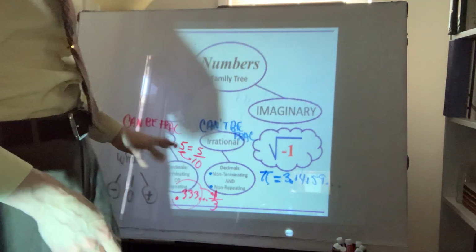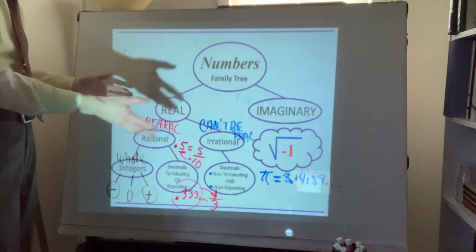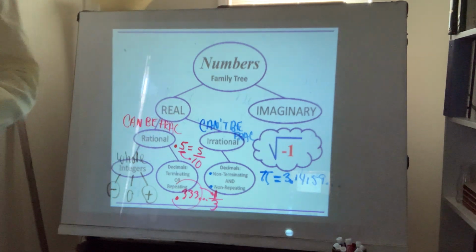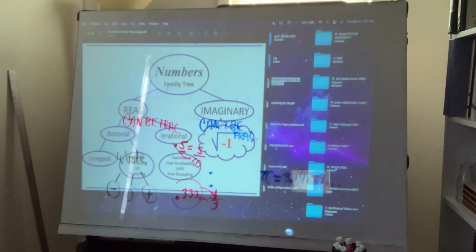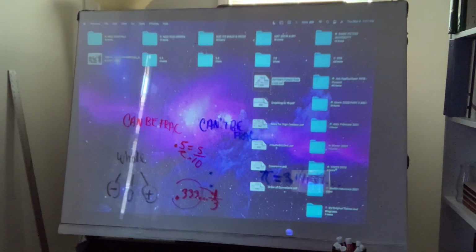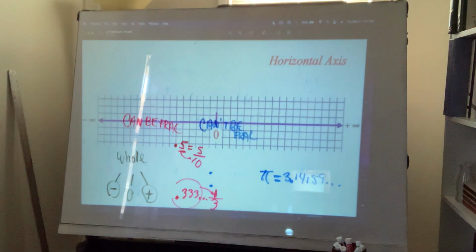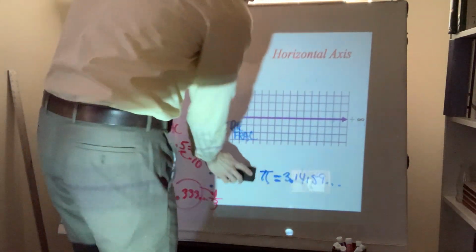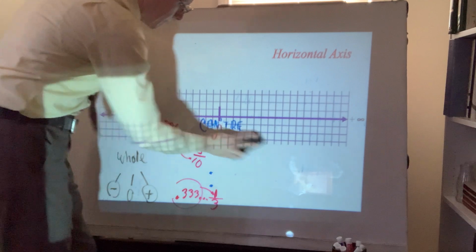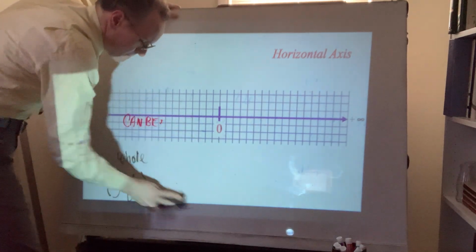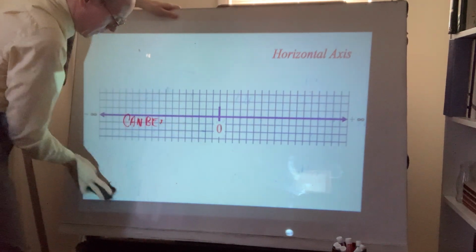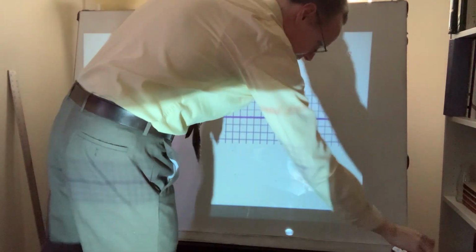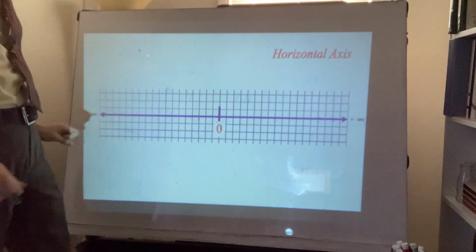Now, to illustrate what they would actually look like or where they would be in relation to zero, let me pull up the next slide, all right, which is this number line. You can think of this as being graphing in one dimension, all right?